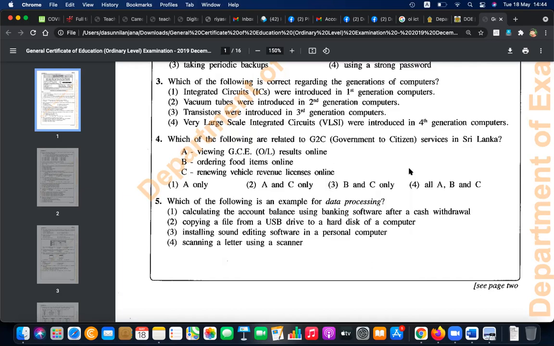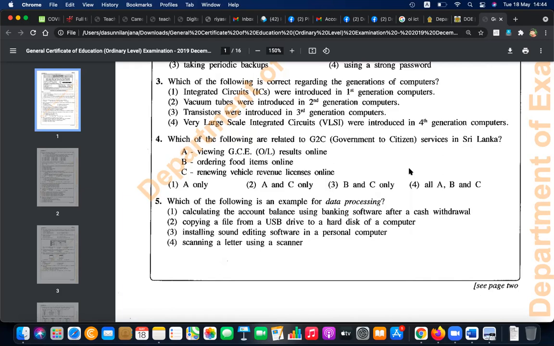Which is the first generation? What was used in the first generation? IC is in the third generation. First generation: vacuum tubes.